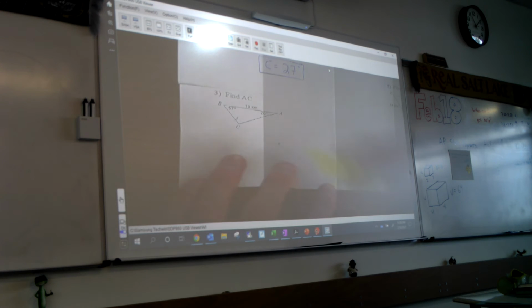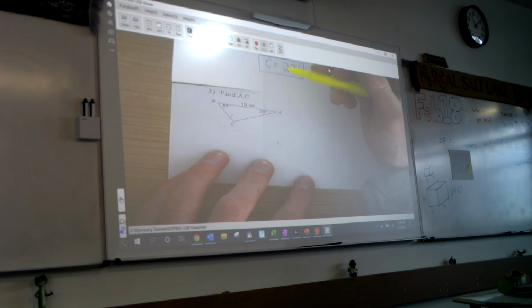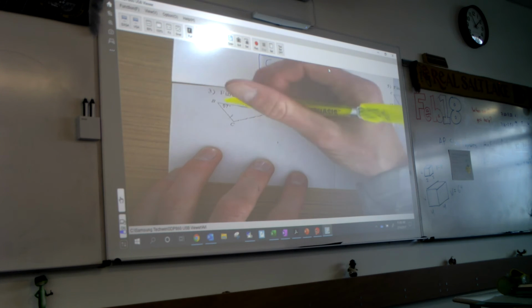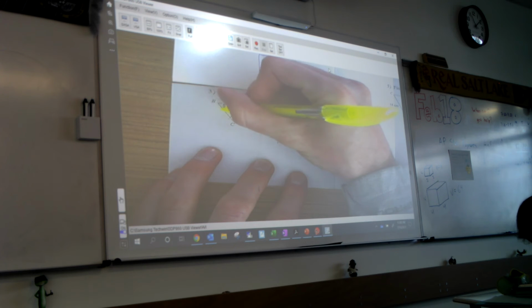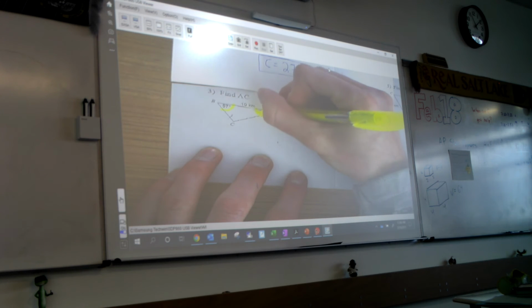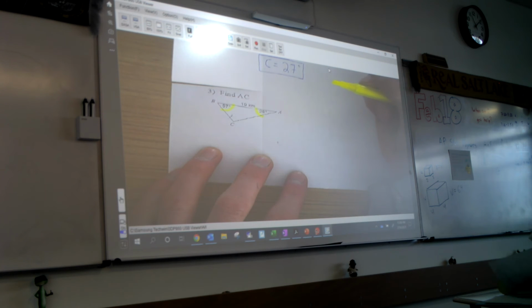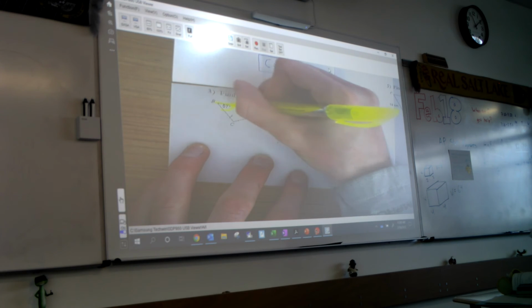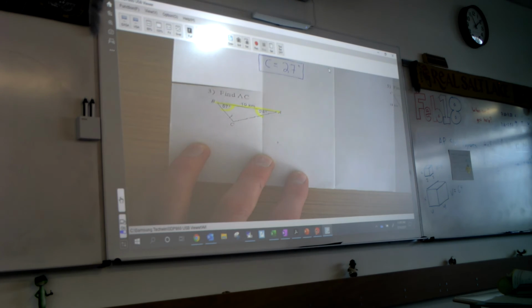What do we know about this triangle? Yep, so we got an angle, okay. What else do we know? Yep, so we have another angle, so we got two angles, and then what else? Good job. I'm going to label that as C.